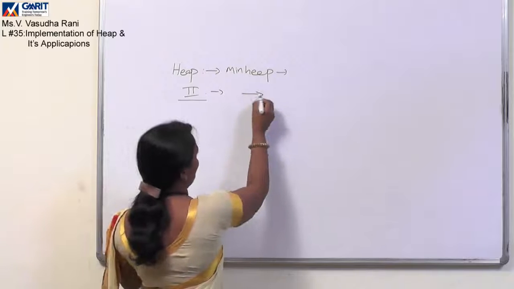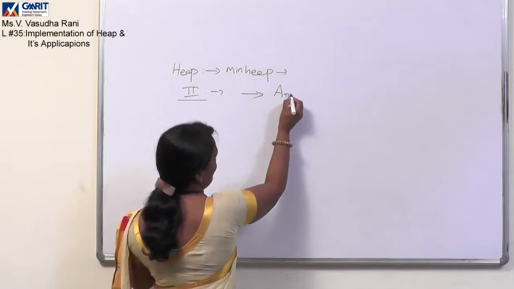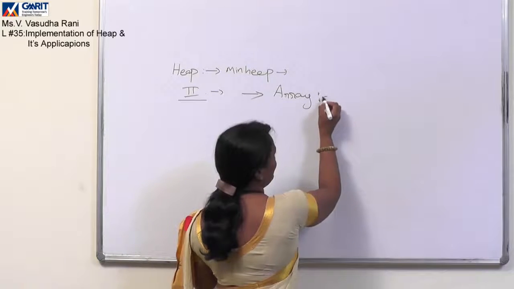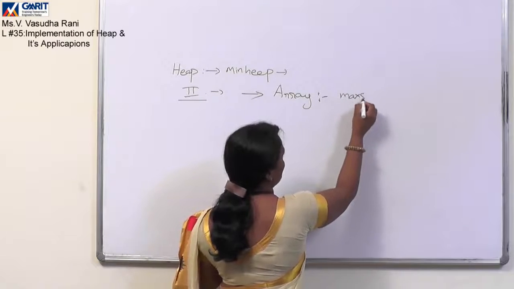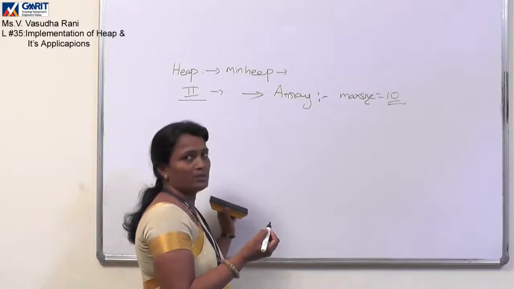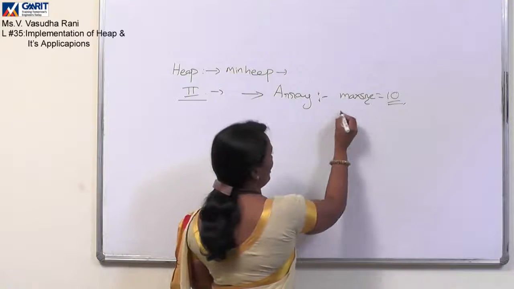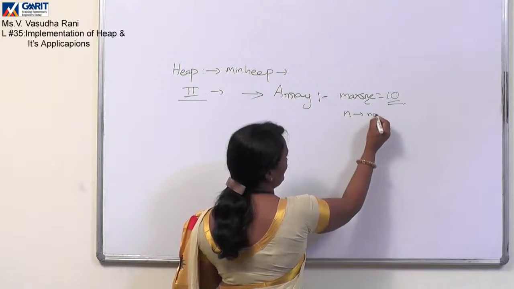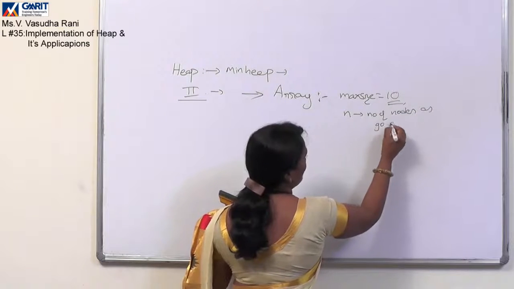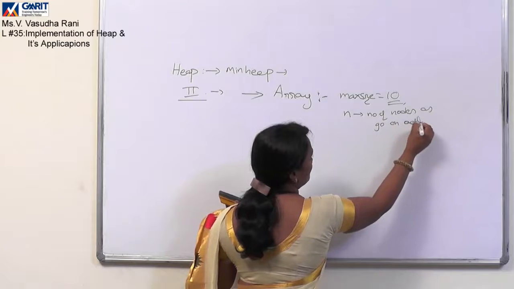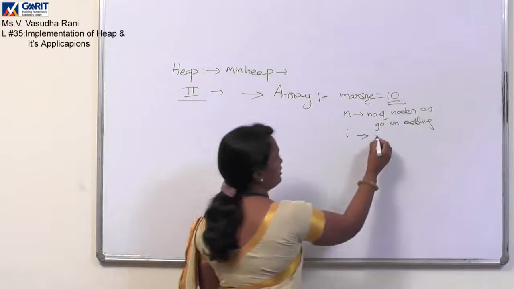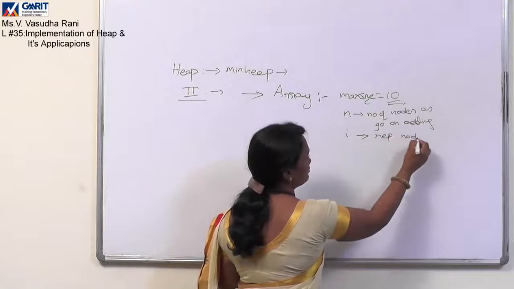So here, as it is using array implementation, the size of the heap is limited to a predefined size. That predefined size, let's take it as max size, that is 10 only. So in the heap, at most 10 nodes we can store, and n refers to the number of nodes as we go on adding, and i, let us use it for representing the node number.